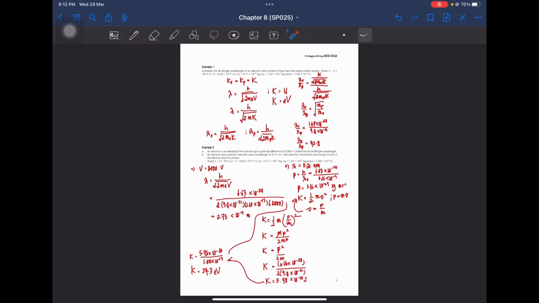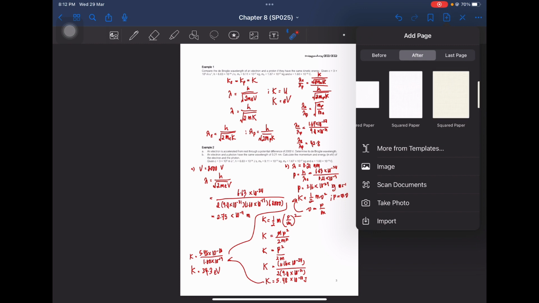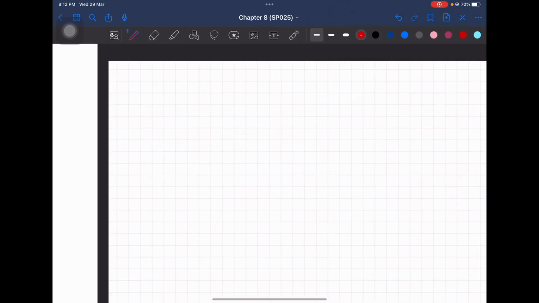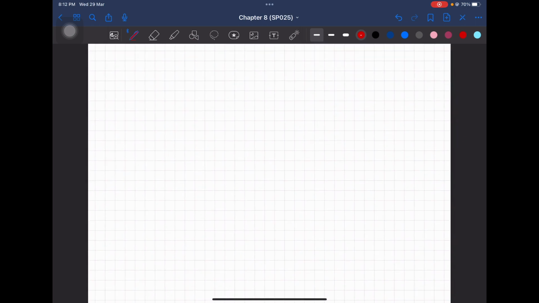Okay, then for the photon. Didn't expect this question to be that long. For the photon, the momentum is the same because this is h over lambda, and their wavelengths are the same, so they are going to be the same. The energy, however, for a photon you will use hc over lambda.